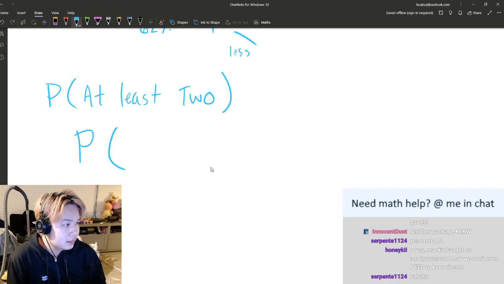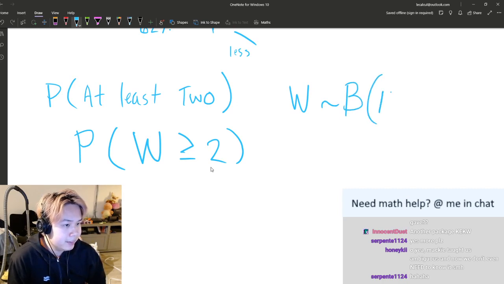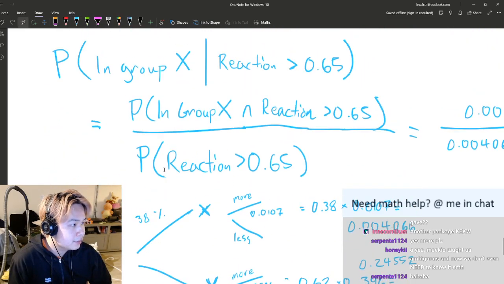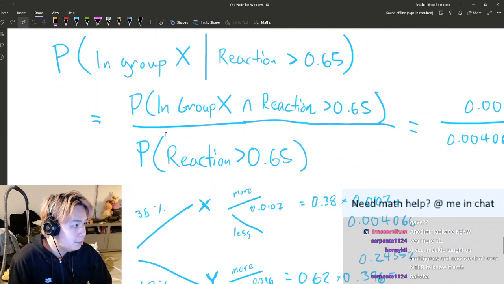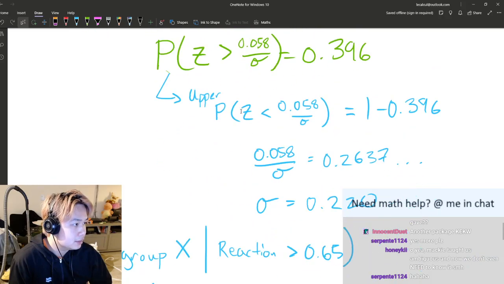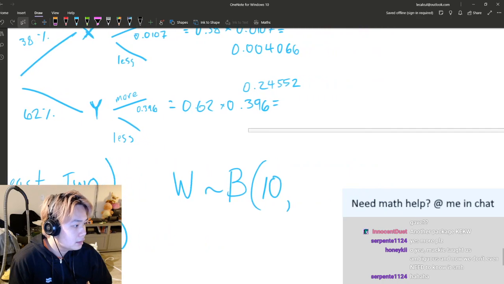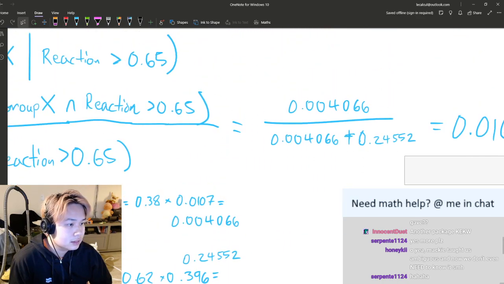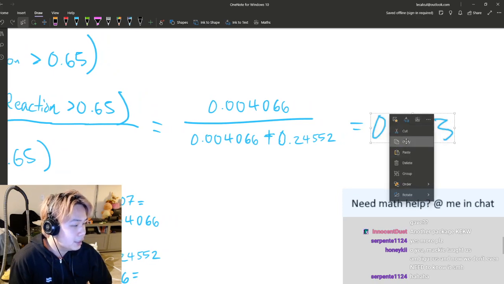Let's call this W. W is binomially distributed, and there are 10 people. The probability of one person being in group X, because they all have slow reaction times, is what it tells you. All 10 people have slow reaction times. So this is the probability of one person being in group X.